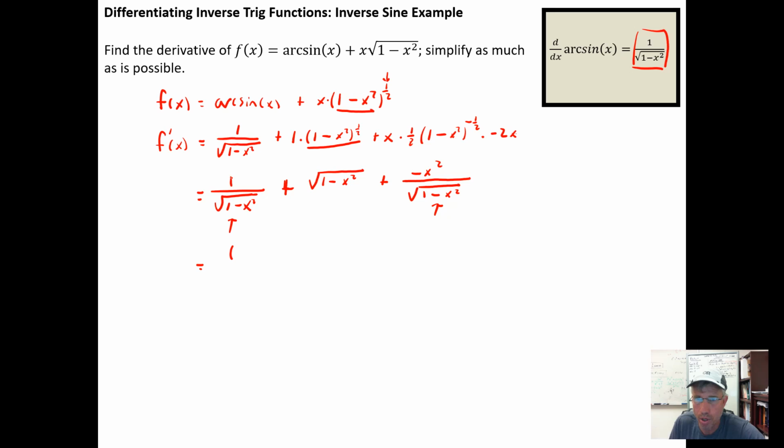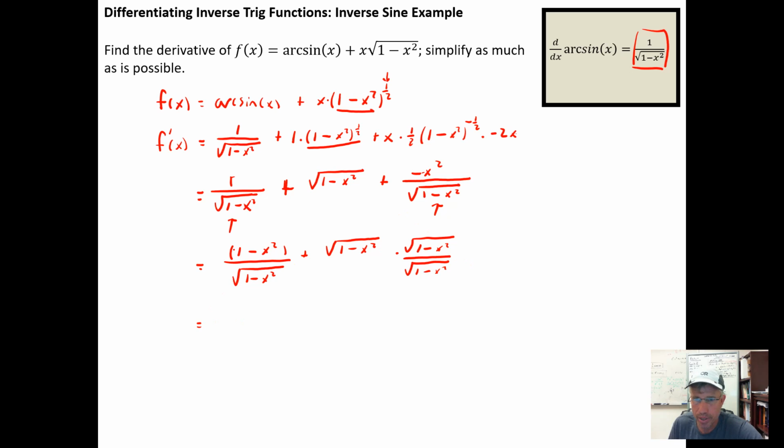So I'm going to get 1 minus x squared in the numerator all over the denominator, which is 1 minus x squared. And I have plus the square root of 1 minus x squared sitting here. We're going to go ahead and get a common denominator for this term so we can combine things. So I'm going to multiply by square root of 1 minus x squared over the square root of 1 minus x squared so that it's equivalent to 1.